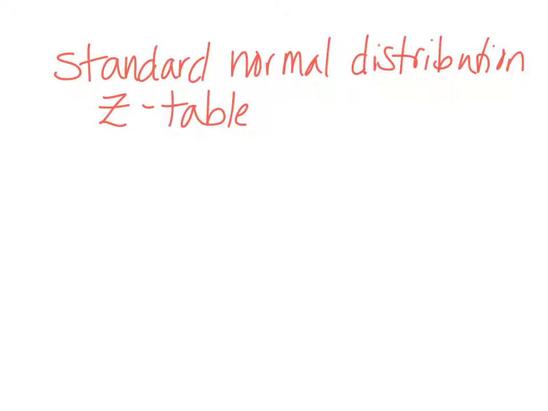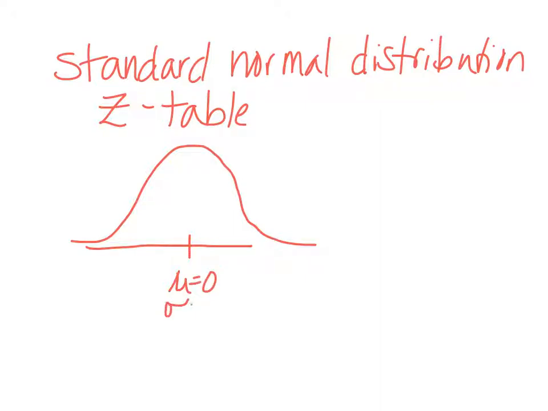Let's remember that our standard normal distribution is a bell-shaped curve with a mean of 0 and a standard deviation equal to 1. We know that in this distribution, the total area under the curve is equal to 1.